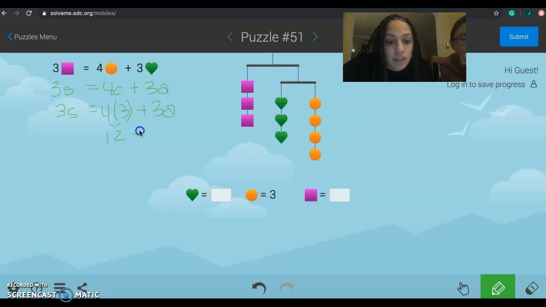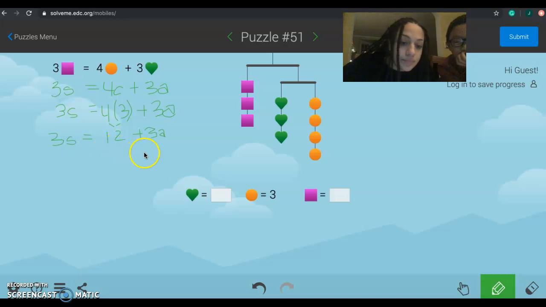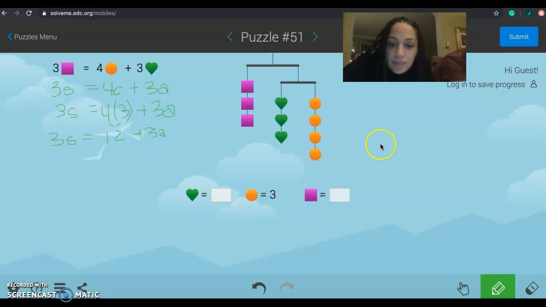Great. Bring down the rest. 3A. 3S. Can we do anything from here? Not really.